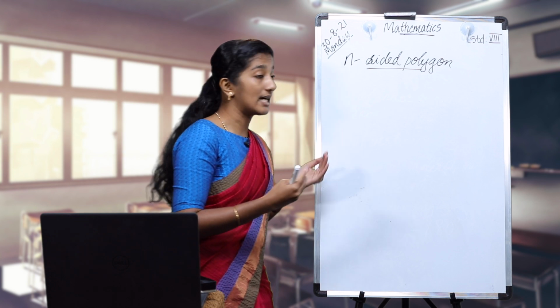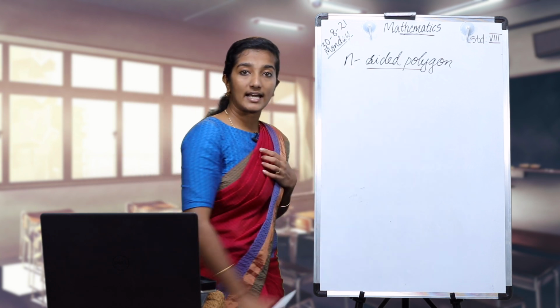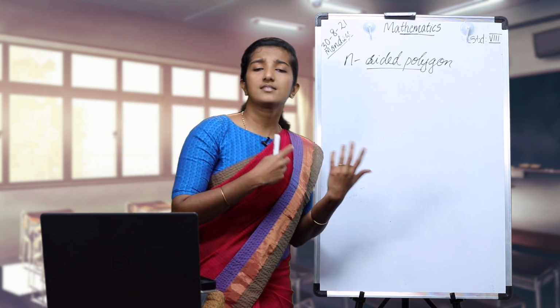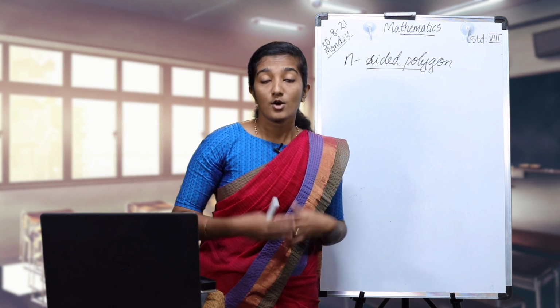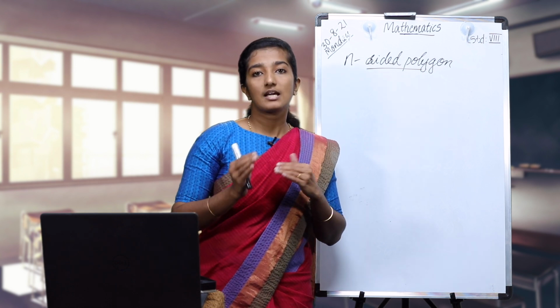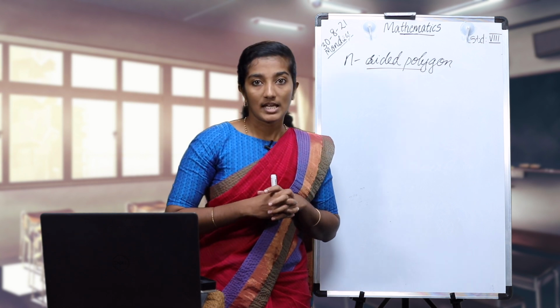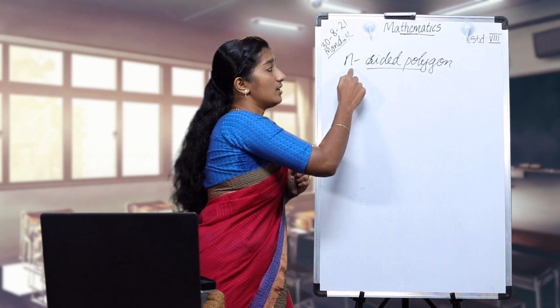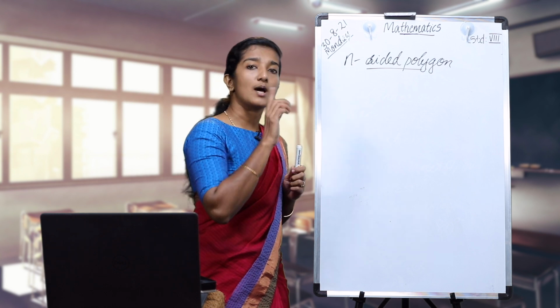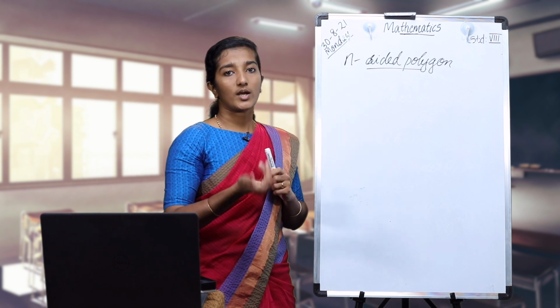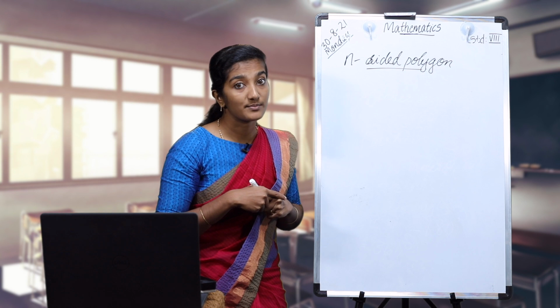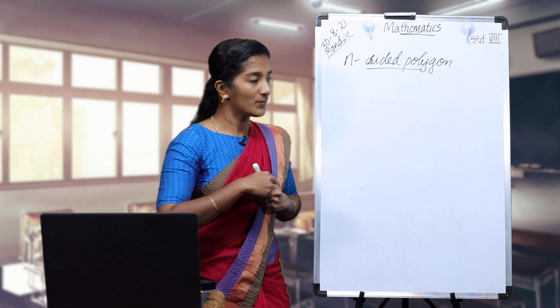Now we are considering an n-sided polygon. Here, what is the number of sides and vertices? We have studied that the number of vertices and sides of every polygon are equal. Then here we have an n-sided polygon. The number of sides will be n. Then what about the number of vertices? Very good, it is also n.